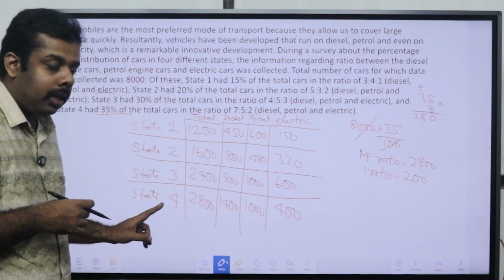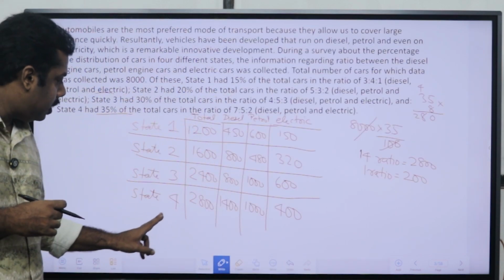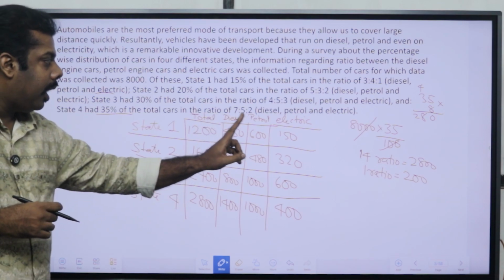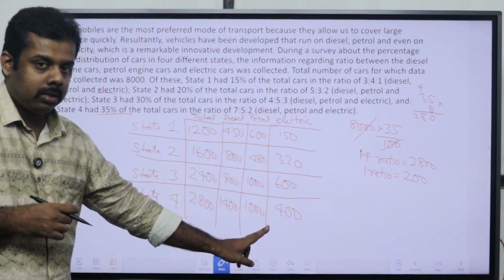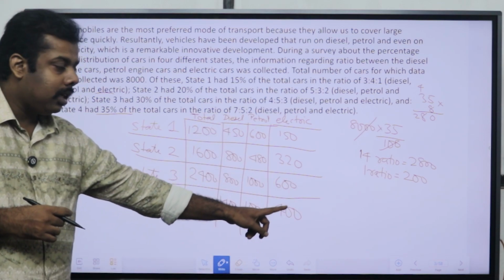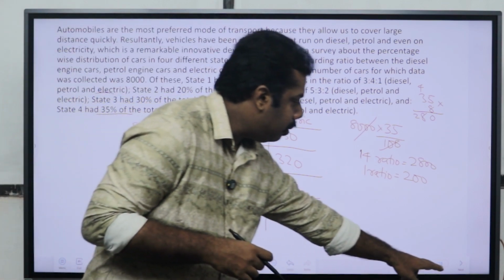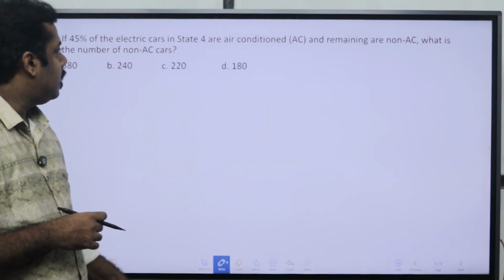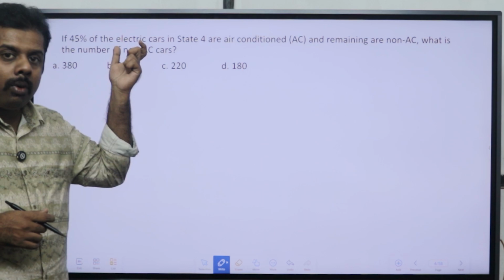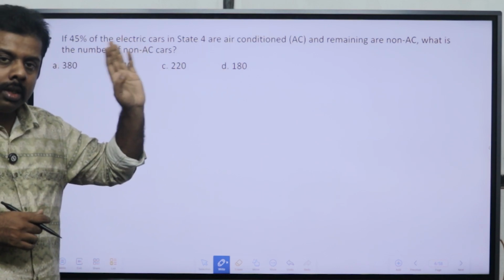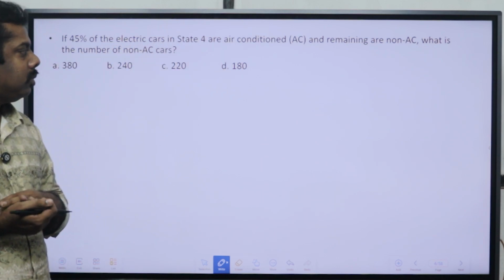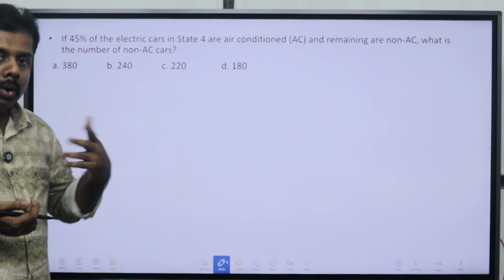Here we need the data of state 4, and in that, electric cars. Electric cars, as we can see here, is 400. Moving on to the question once again: in state 4, 45% are AC cars and the remaining are non-AC. We have to find the number of non-AC cars.